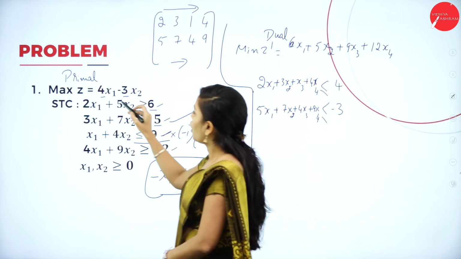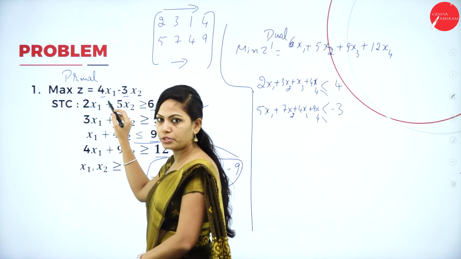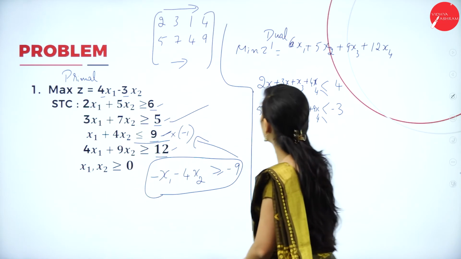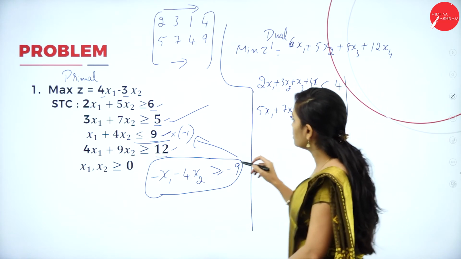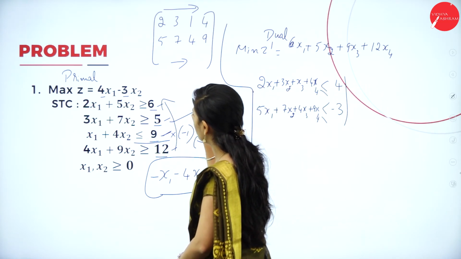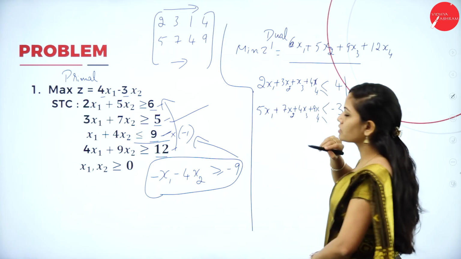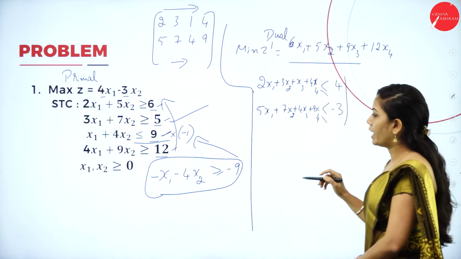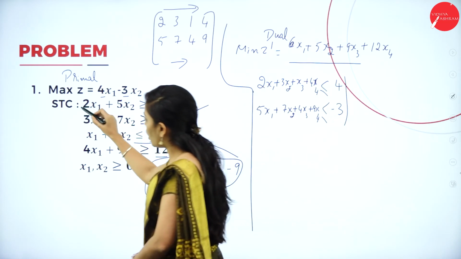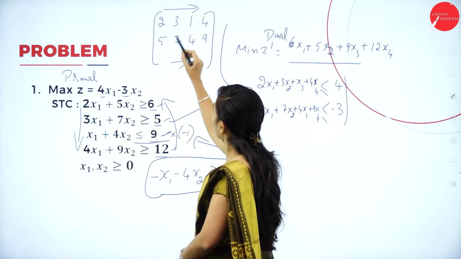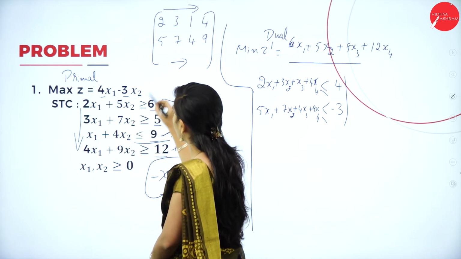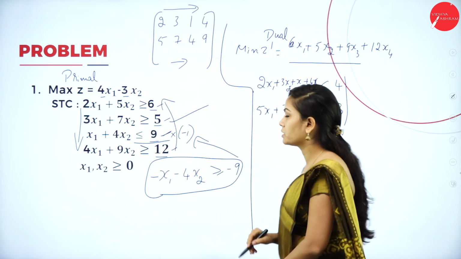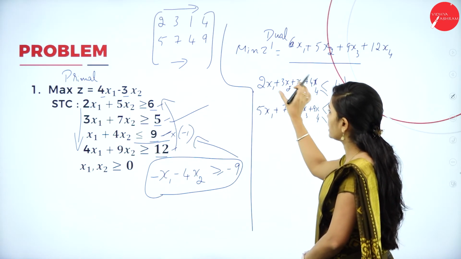All the objective coefficients will become RHS values and all the RHS values will become the coefficients of the objective function, and all the columns will become row values as a matrix method. So this is your constraint now.